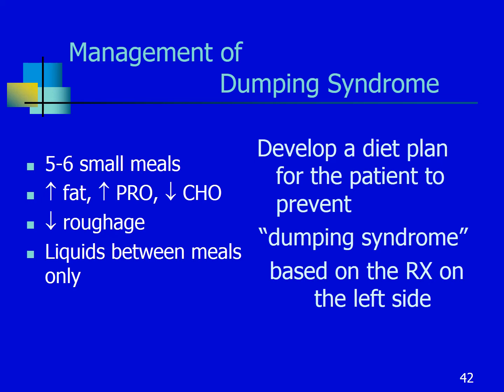Decrease roughage, and liquids between the meals only, not with the meals, because it dumps it faster. Develop a diet plan for the patient to prevent the syndrome itself, so that they understand this. Teach them about the syndrome so they understand how to manage it once they are discharged home. Next slide.